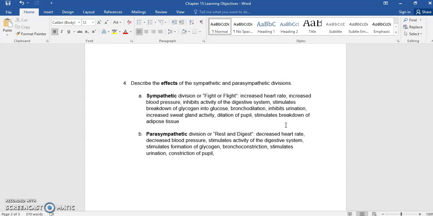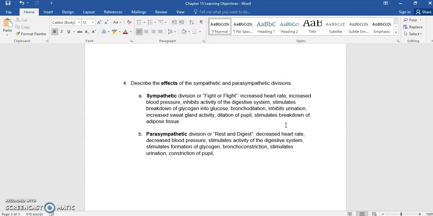We usually will have more sweat gland activity, because our skeletal muscles are contracting a lot in those situations, so we'll want to release heat. Pupils dilate, primarily so we can see more around us, to be more on the alert. And we store fats and lipids in the adipose tissue, so breakdown of the adipose tissue would release lipids and fats, more nutrients that we can use as an energy source too.